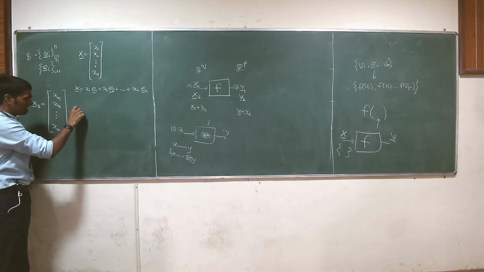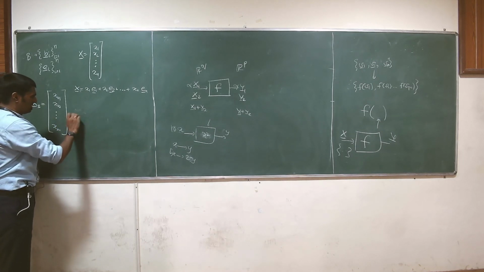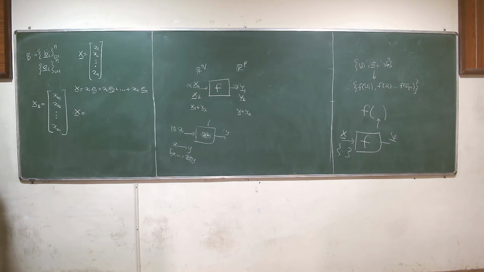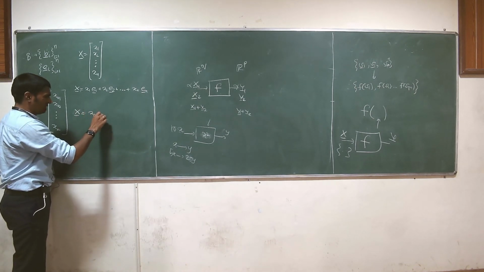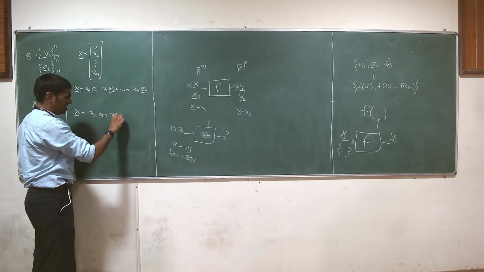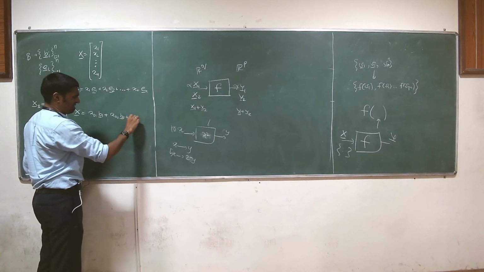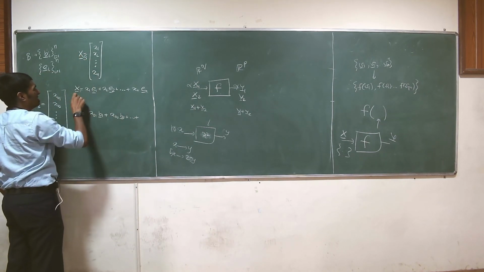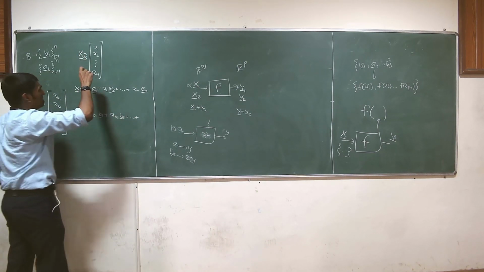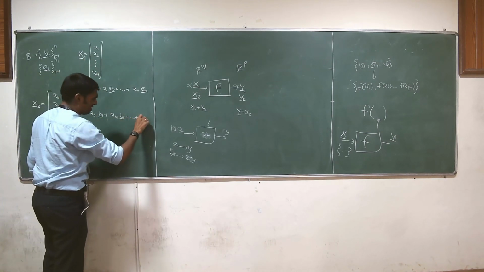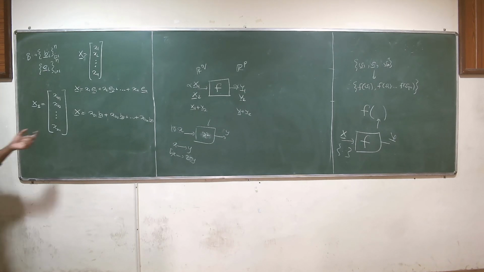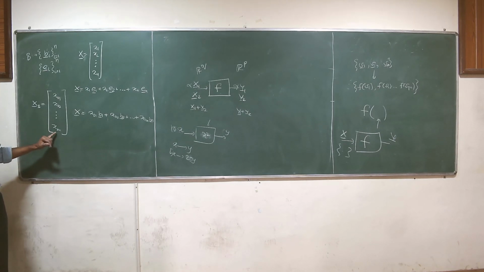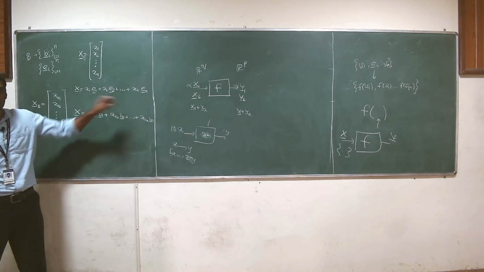What this means is that this vector x can be written as xb1 times b1, and so on. If this is the representation of the vector x in the b basis, then you can write it like this, and in the standard basis, you write it like this.